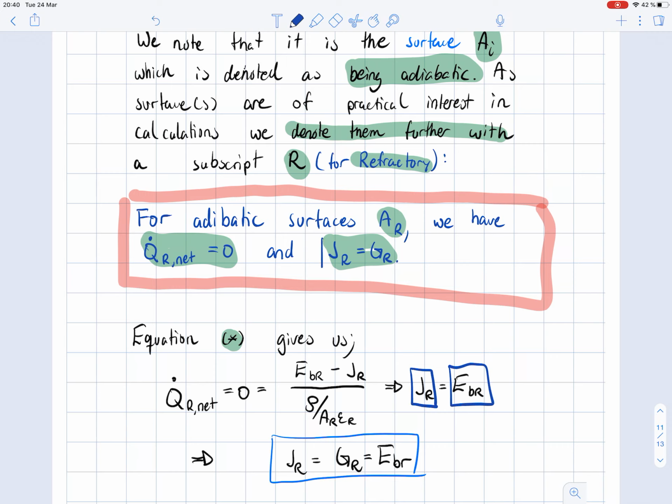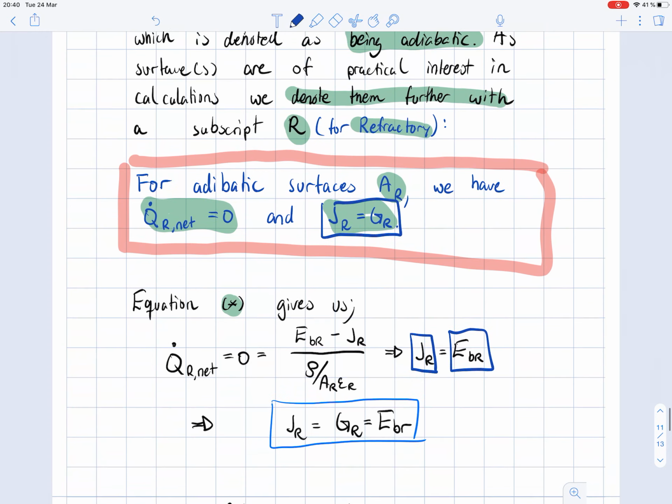It's still equal to GR as well. So that gives us the interesting relation that the radiosity equals the incoming radiation equals the blackbody radiative flux.